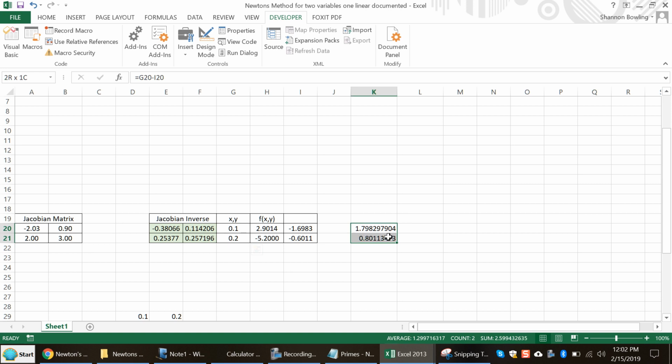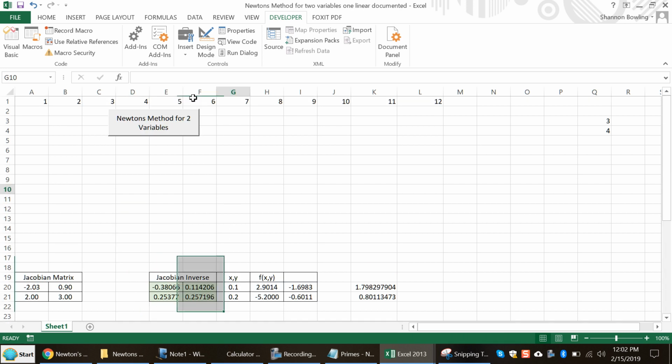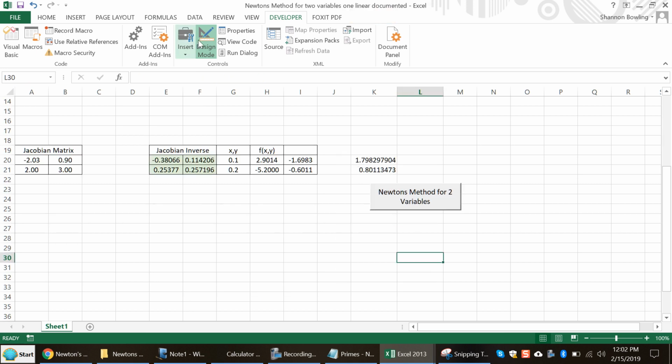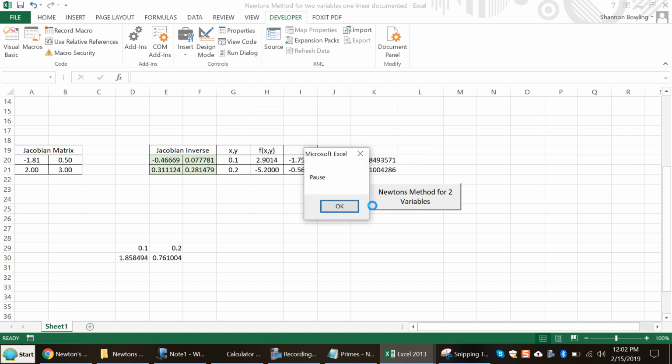And then these just get copied and pasted in there. So if I actually do this step by step, I'll pull it down here to where I can see it. Plug in a guess, 0.1, 0.2, boom. And all that is just writing it out till it converges.